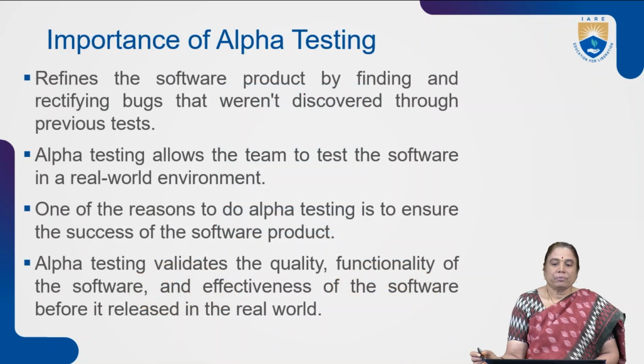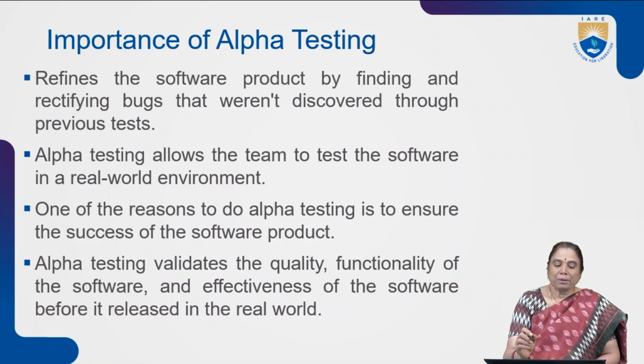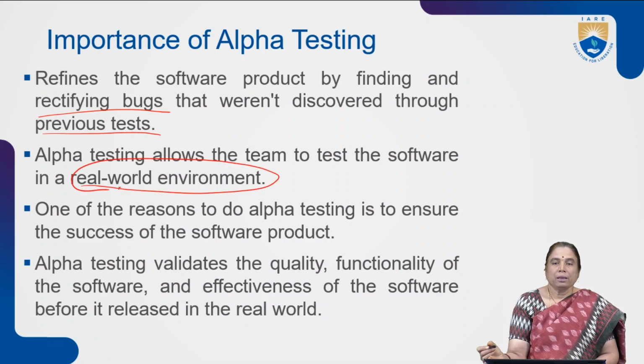The importance of alpha testing is that it refines the software product by finding and rectifying the bugs that were not discovered through the previous tests. Alpha testing allows teams to test the software in the real world environment. Here the project is put into operation and is used by the user. So in the real world environment the project is deployed.